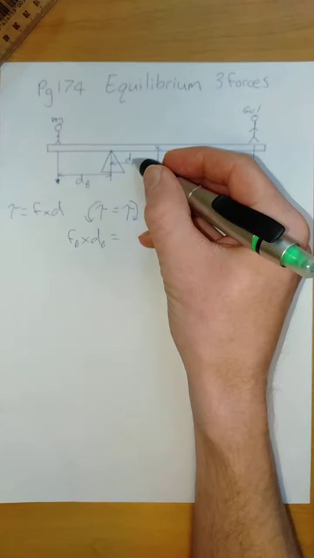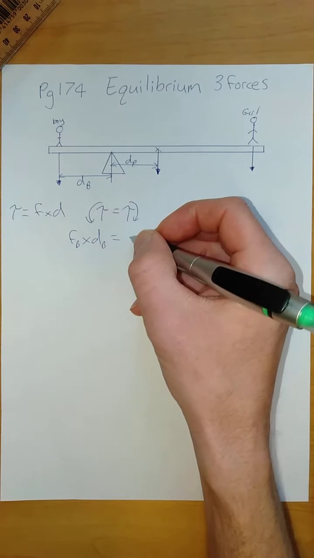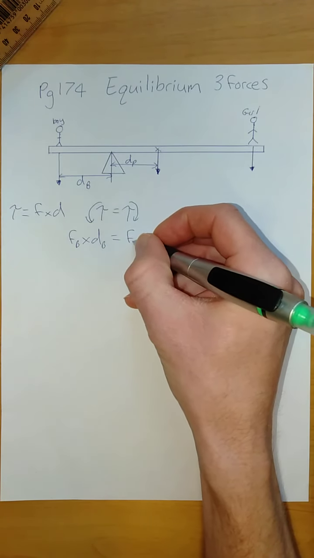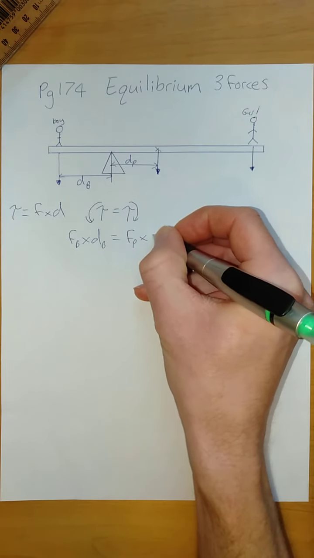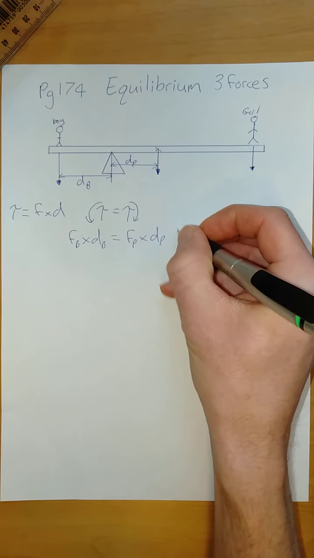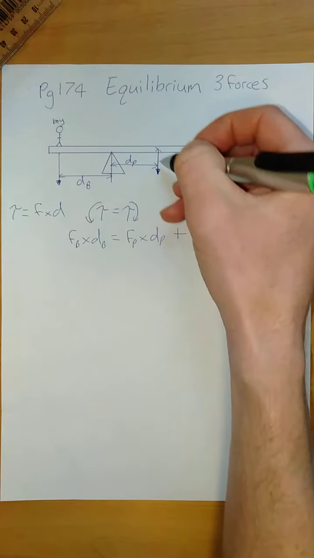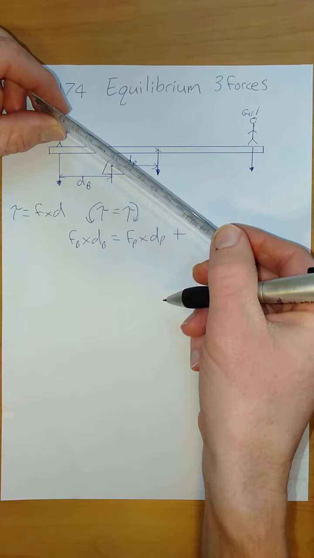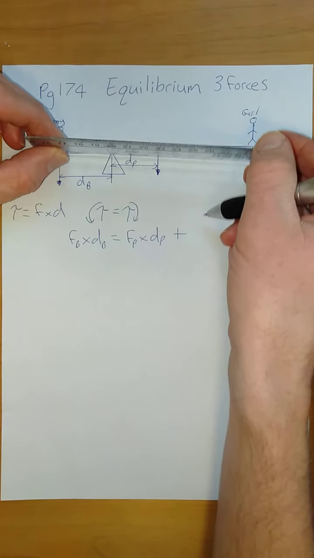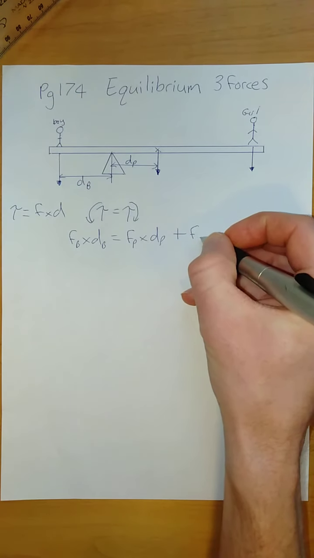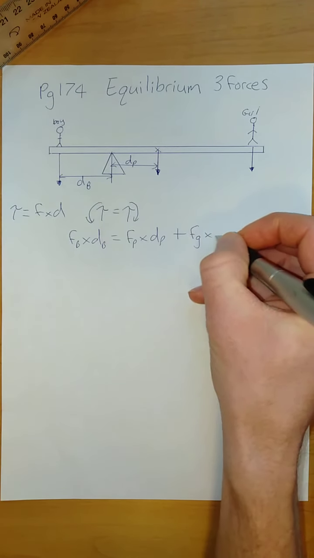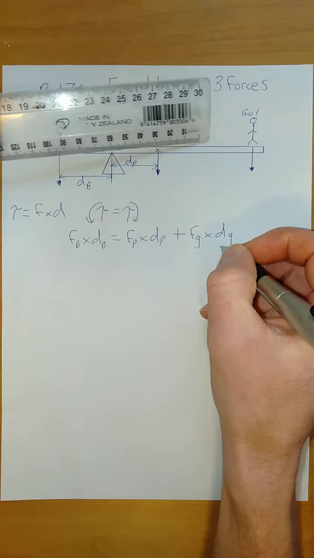So we've got here the torque of the plank, which is force of plank times distance to plank, plus, because that's trying to make it turn this way, the plank is, but so is the girl. So we've got to add on the force of the girl times the distance to the girl.